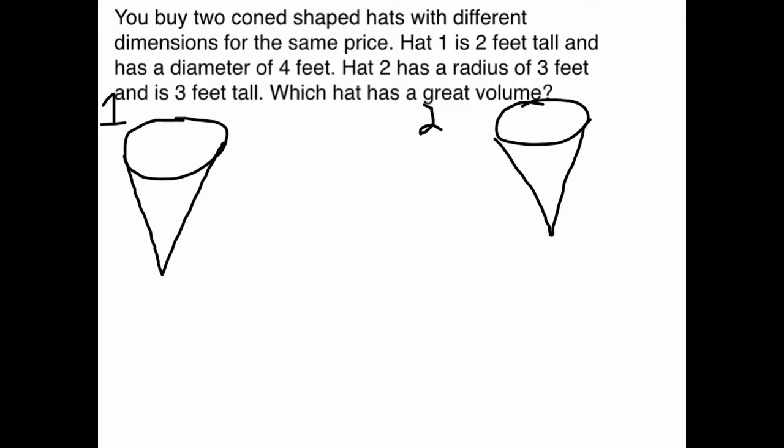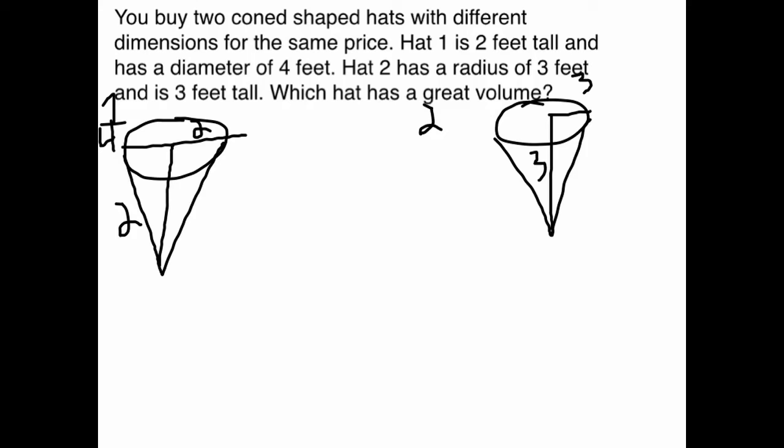Now, it told me that hat 1 is 2 feet tall. Go ahead and draw my height there. Label it with a 2. And has a diameter of 4 feet. Now, I know that if the diameter is 4, the radius must be 2, because the radius is just half the diameter. Then I have hat 2, which has a radius of 3 feet and a height of 3 feet as well. Now what I have to do is figure out which one has the greater volume.